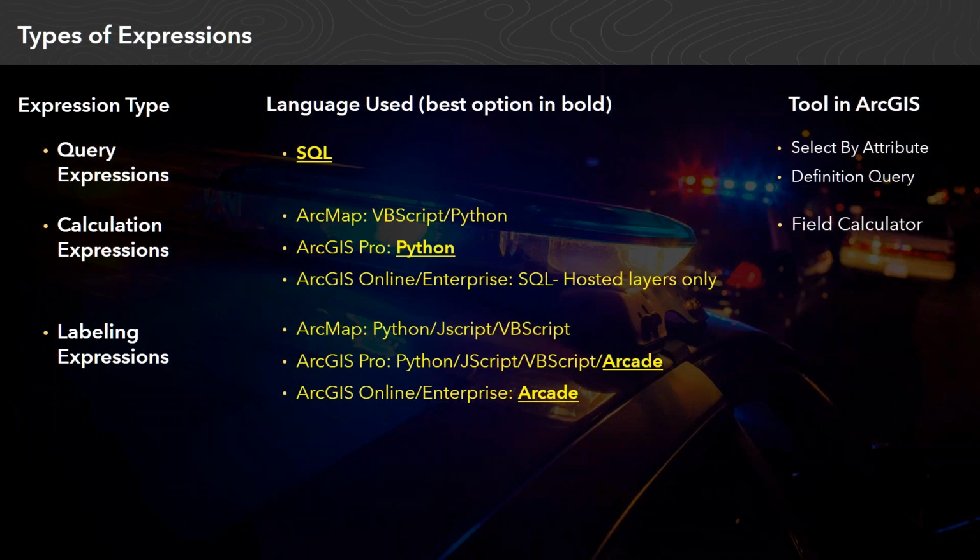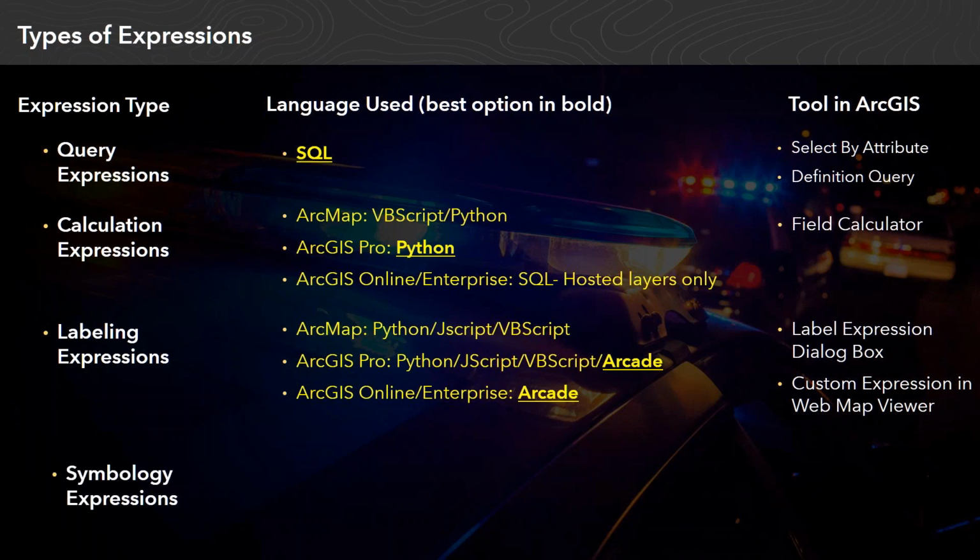We'll talk about that more later. And as you can see, that is the only scripting language for labeling expressions that is accessible in ArcGIS Online and ArcGIS Enterprise. And you'll find labeling expressions expressed in a couple of places. The label expression dialog box under the label tab on your local desktop, or in the custom expression tool in the web map viewer if you're using ArcGIS Online or ArcGIS Enterprise.